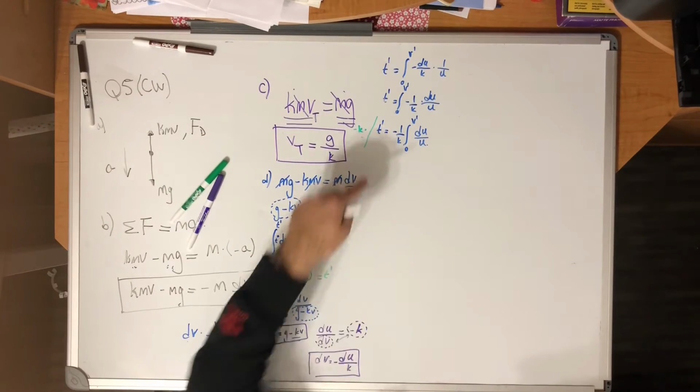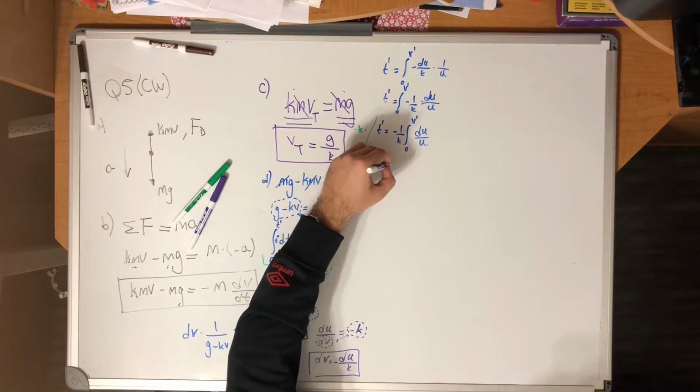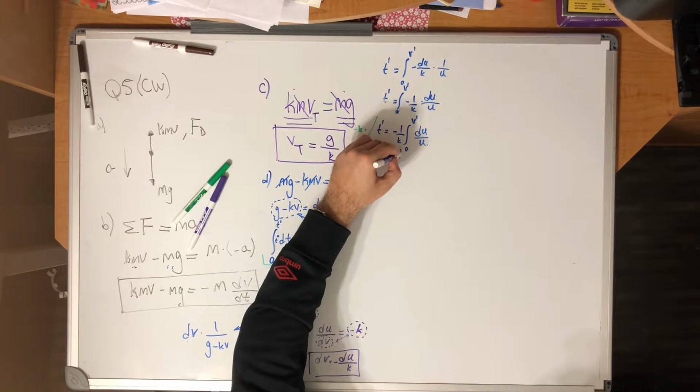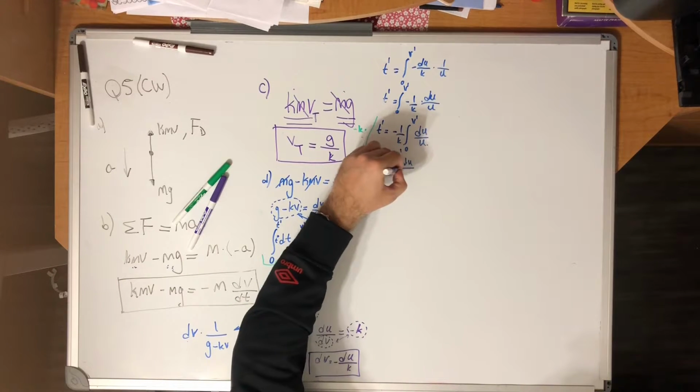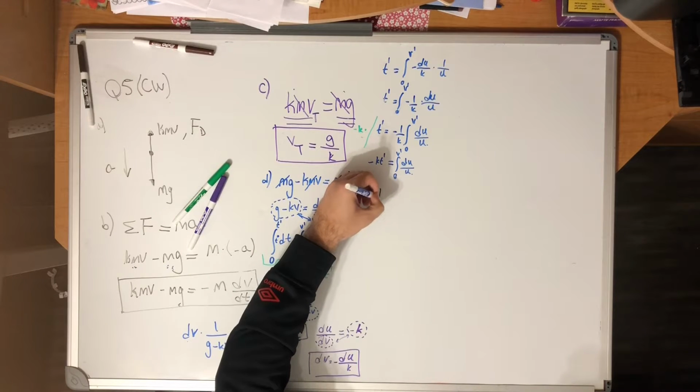Then on the left side I'm going to have negative k t prime, and that's going to be equal to the integral from 0 to v prime of du over u. And now I have a nice function, because du over u is a special function, and the integral of 1 over u, or 1 over any function, will just be what? The ln function.